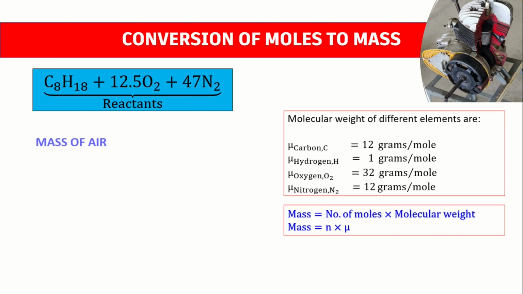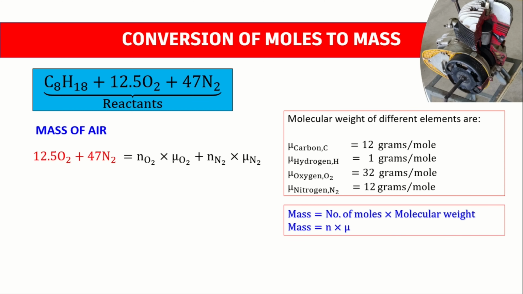Now, let us take the mass of air, 12.5 O2 plus 47 N2. What is the mass of this 12.5 O2 plus 47 N2? That is the mass of air supplied. It is equal to number of moles of oxygen into molecular weight of oxygen plus number of moles of nitrogen into molecular weight of nitrogen. That is 12.5 into 32, where 32 is the molecular weight of oxygen, plus 47 into 28, where 28 is the molecular weight of nitrogen.